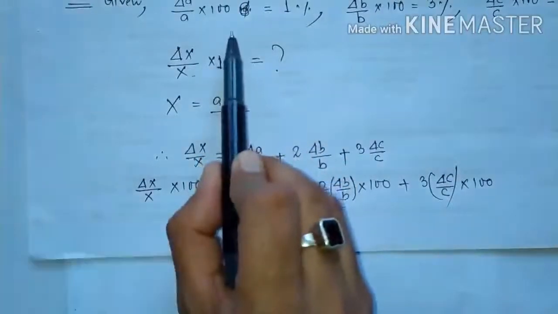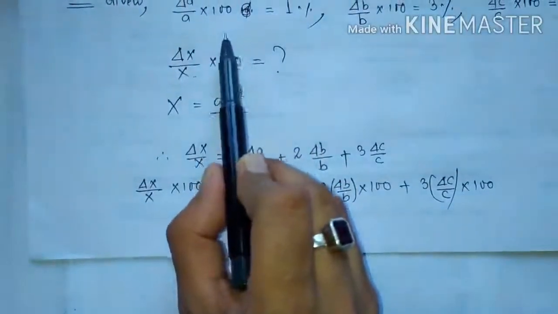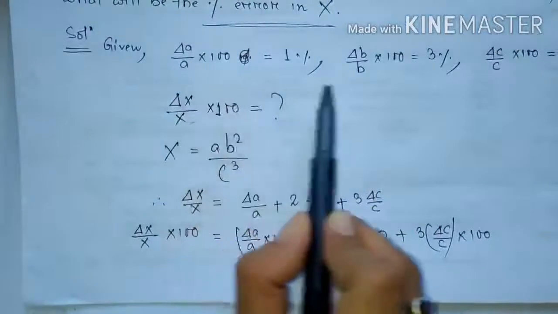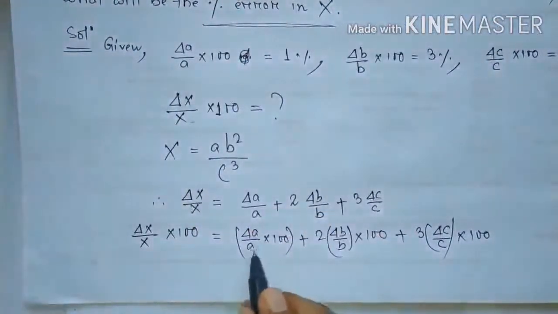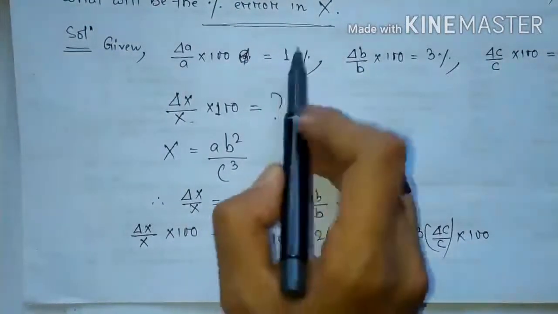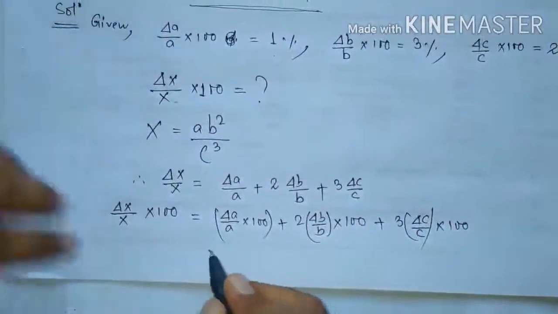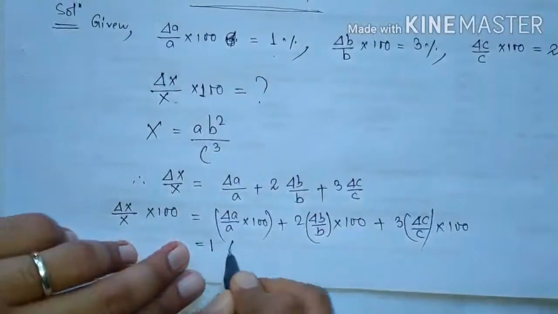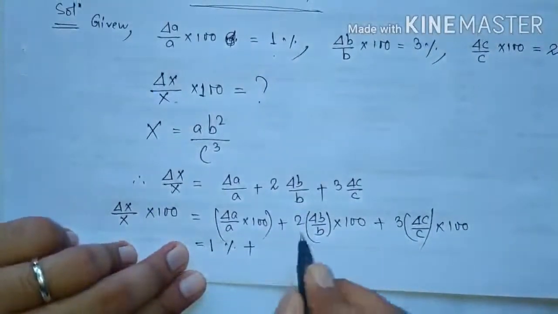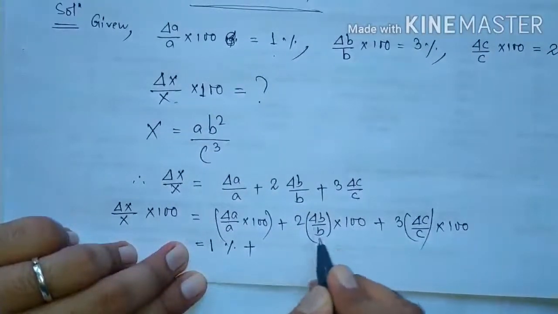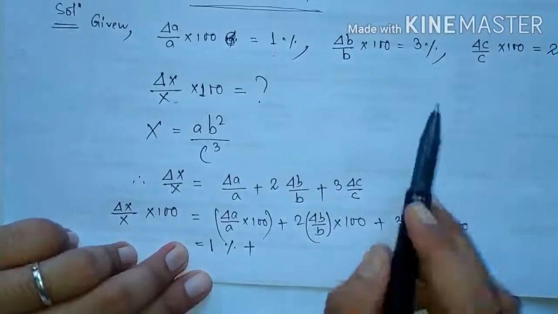Now as per our given condition, delta A by A into 100 is 1. So I will put delta A by A into 100 is equal to 1%, because it is already given, plus 2 into delta B by B into 100. So delta B by B into 100 is given here as 3.